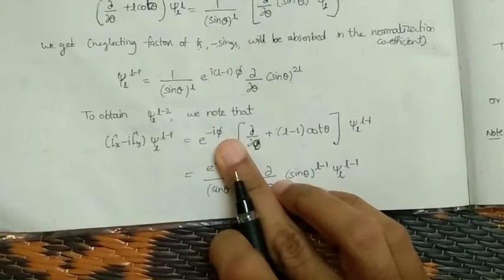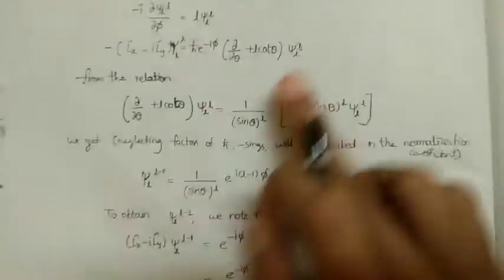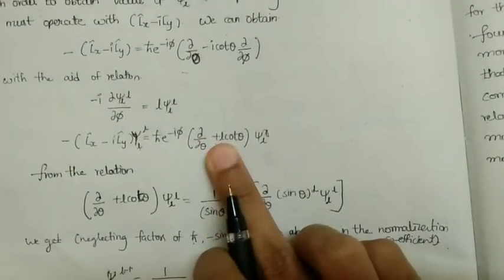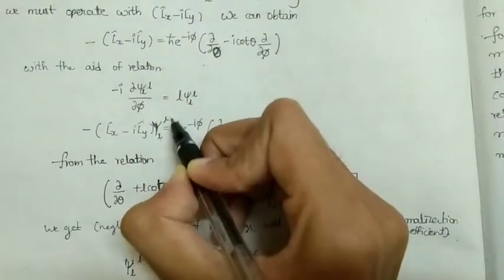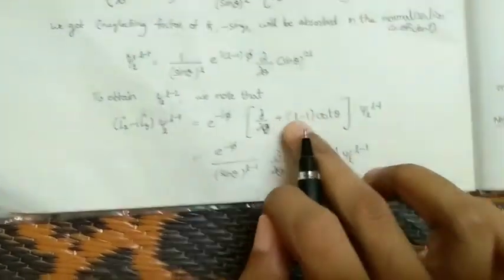We take ħ into the normalization constant. Here also ∂/∂θ, and in the place of m we are having L, but here we are having L minus 1, so in the place of L we have L minus 1, and cot θ, and ξ_L^{L-1}.